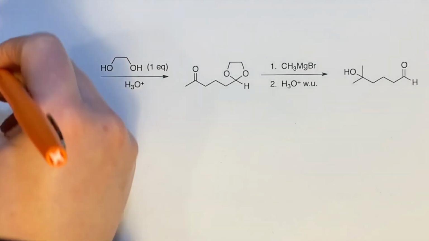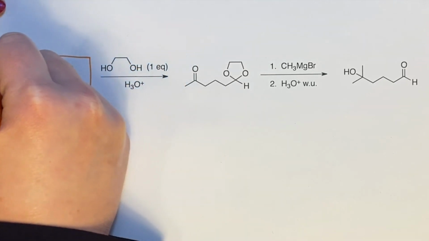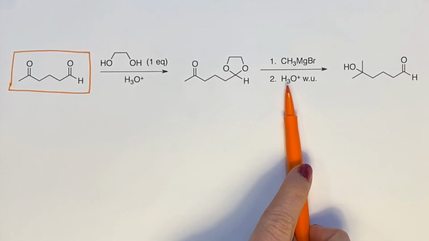As another example, I have a molecule like this one. It contains both a ketone and an aldehyde. And if my goal is to do a Grignard reaction, I want to have selectivity on that reaction.